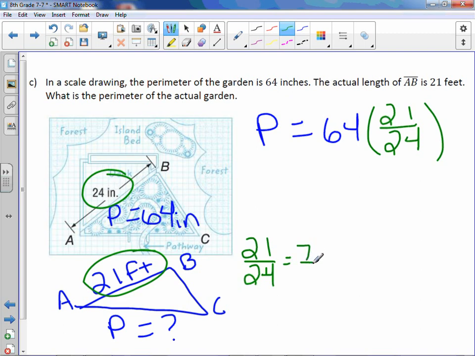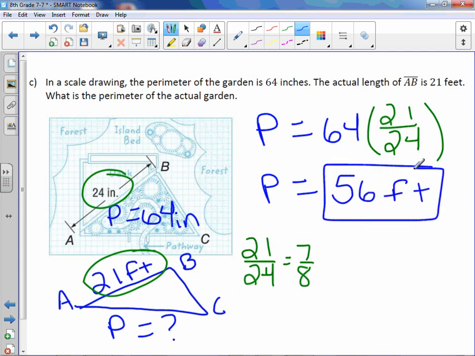This would actually be 7/8. But you can use either, so I'll show you that by using the 21 over 24. So perimeter equals 56, and we are talking about feet. The 7/8 is our scale factor.